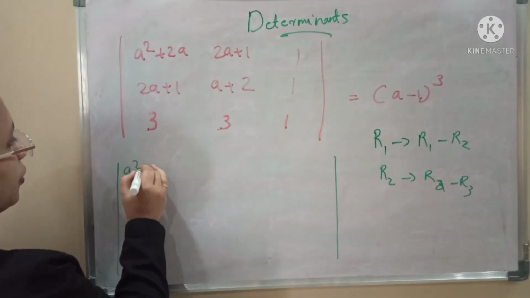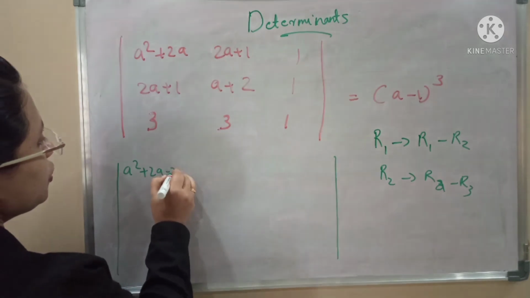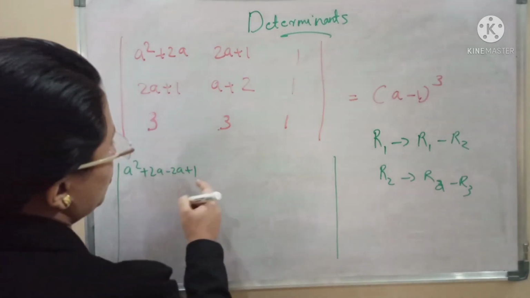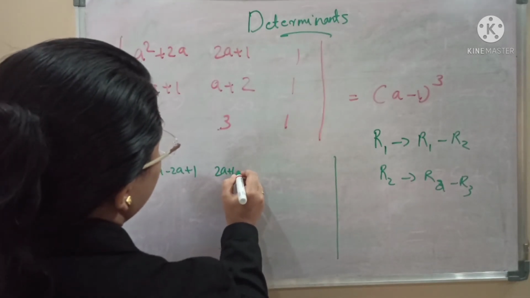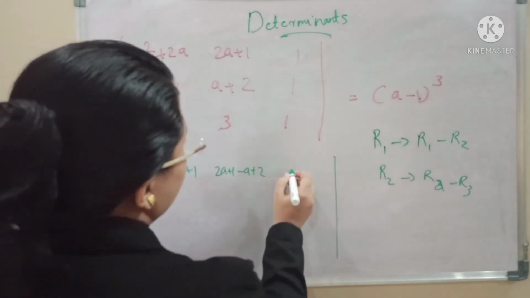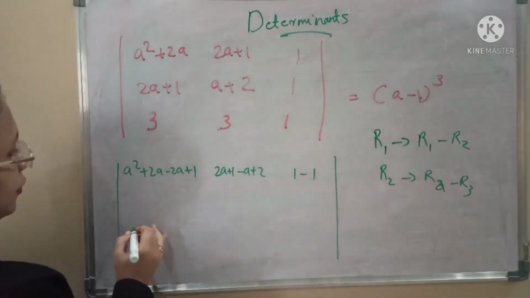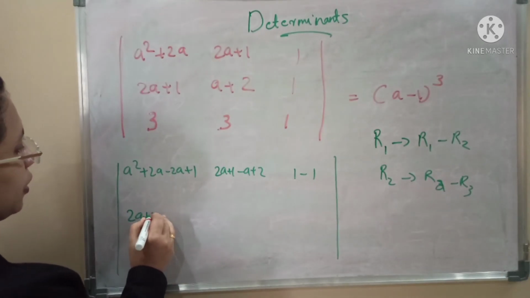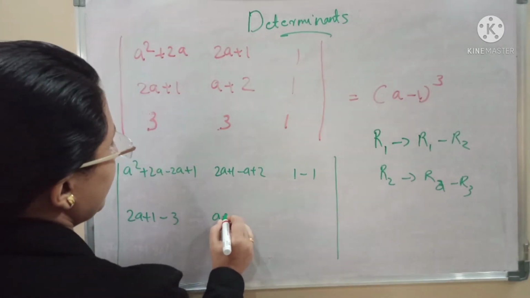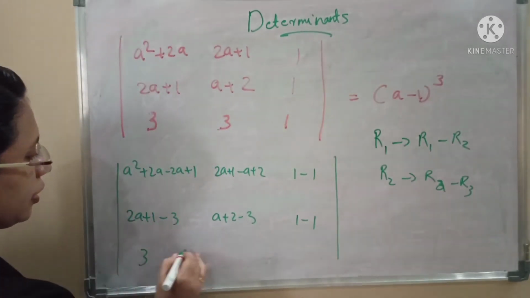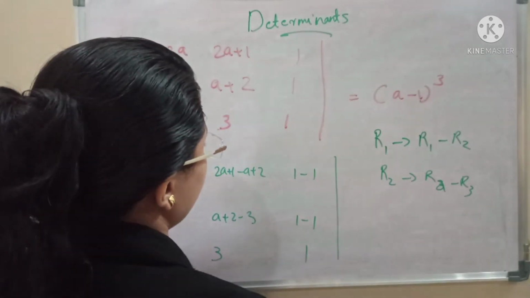So a square plus 2a minus 2a plus 1, R1 minus R2, 2a plus 1 minus a plus 2, okay, 1 minus 1. Now R2 as R2 minus R3, so 2a plus 1 minus 3, a plus 2 minus 3, 1 minus 1, here 3, 3, 1, fine.